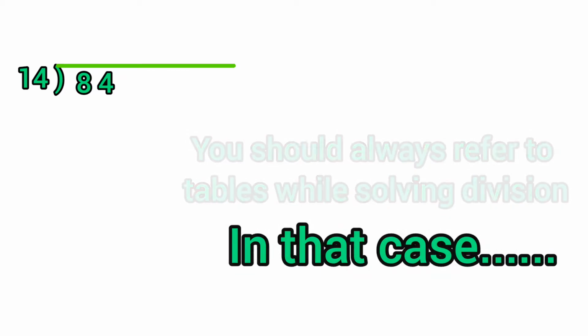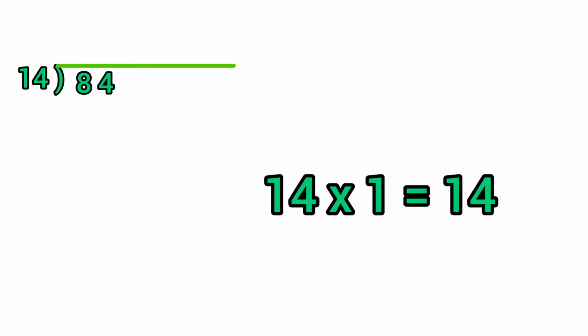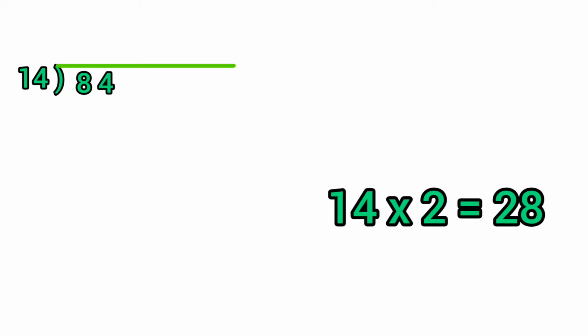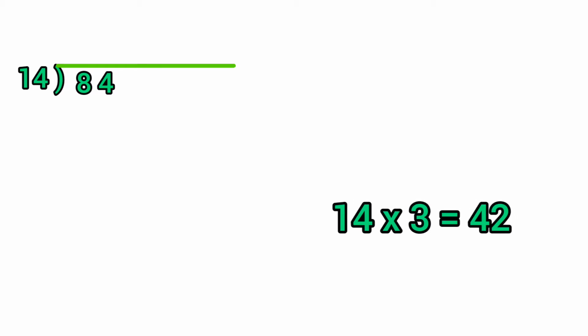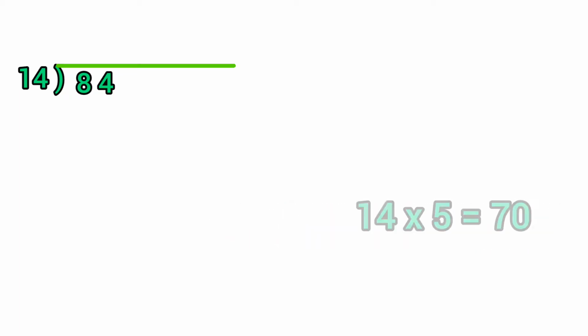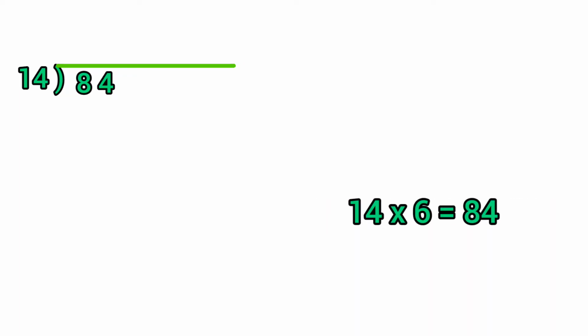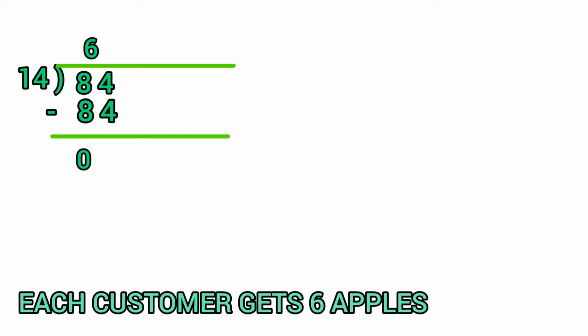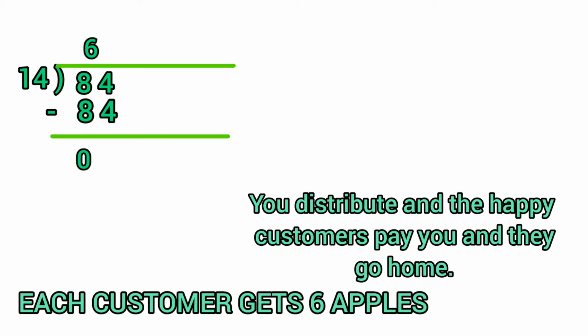So in that case, 14 into 1 is equal to 14, not divisible. 14 into 2 is equal to 28, not divisible. 14 into 3 is equal to 42, not divisible. 14 into 4 is equal to 56, not divisible. 14 into 5 is equal to 70, not divisible. 14 into 6 is equal to 84. Yes, it is divisible. You distribute and the happy customers pay you and they go home.